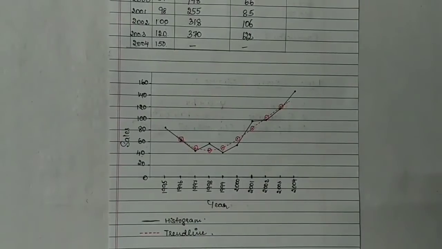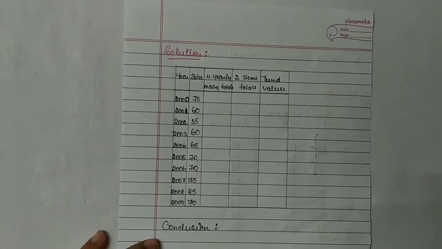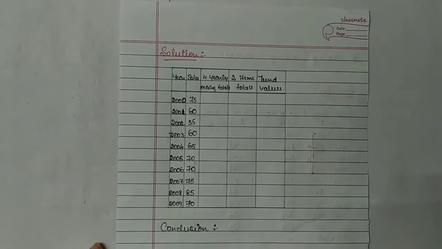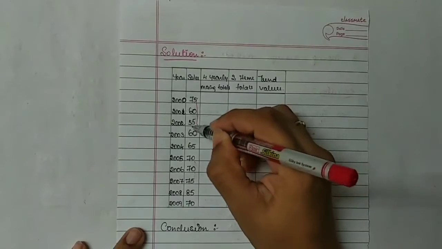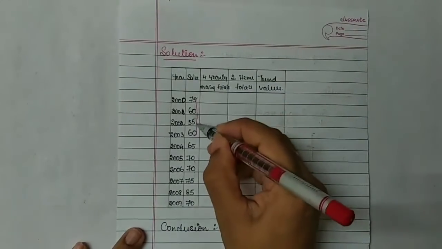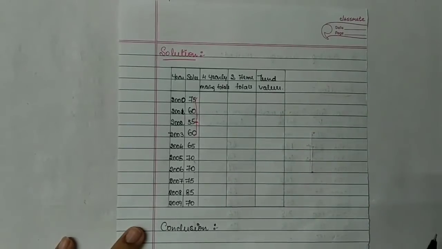Now let us solve one problem on 4 yearly moving averages, and here is the question. So now, just like the previous 3 yearly, here also we should make the total of 4 items, 1, 2, 3, 4, and we'll be writing the answer from the third number.